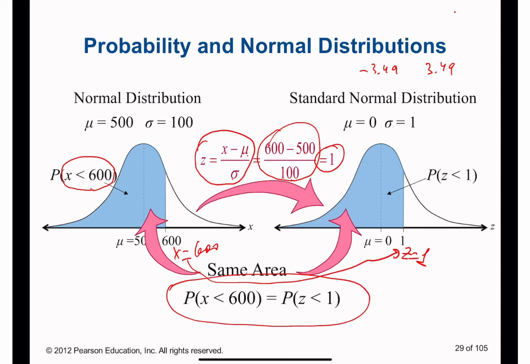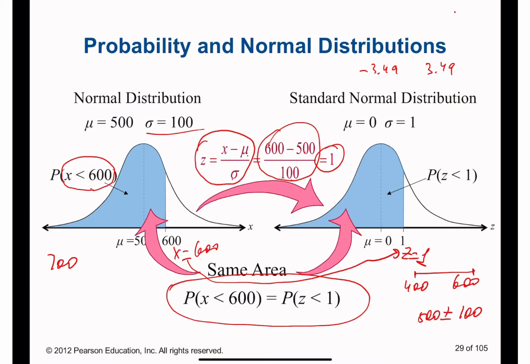If the average is 500 and the standard deviation is 100, then I'm selling between 400 and 600 breads on average, because 500 plus or minus 100. Now I'm thinking maybe I can push to 700.